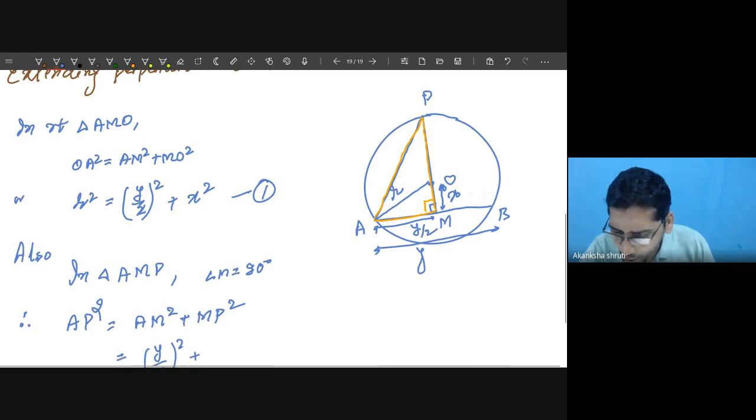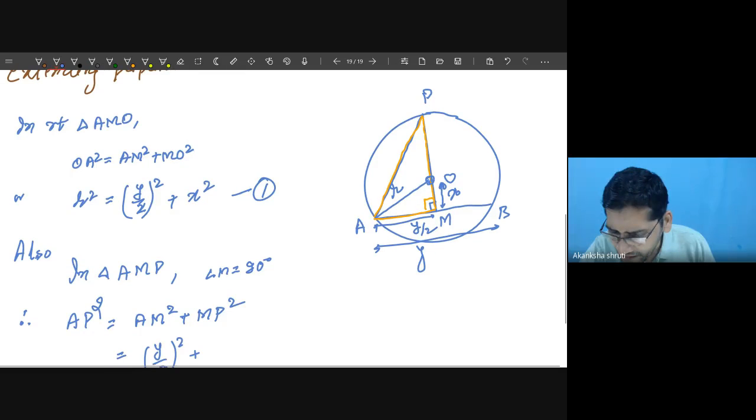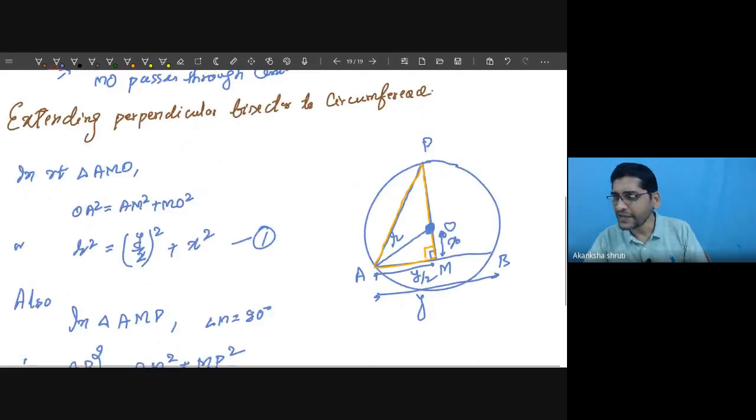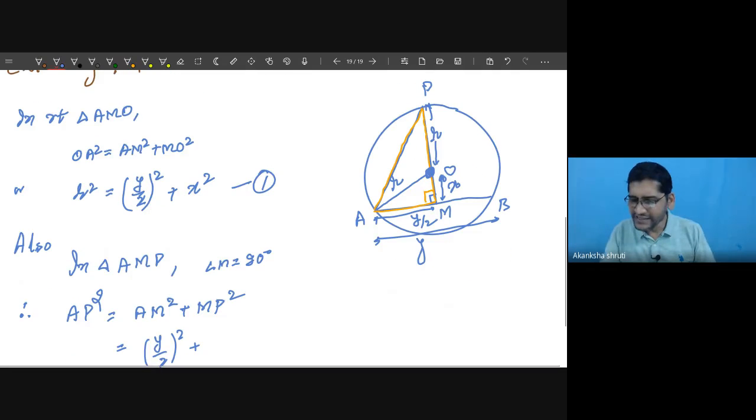What is our OP? OP length is how much? O to P. O is center and P is a point on the circumference. So what will be the length of OP? Same as radius, students. So this much length is radius. So what is our MP length? MP length is X plus R. Getting?